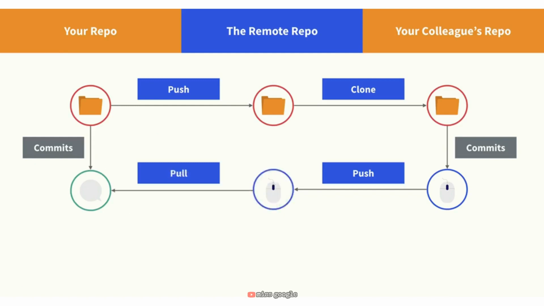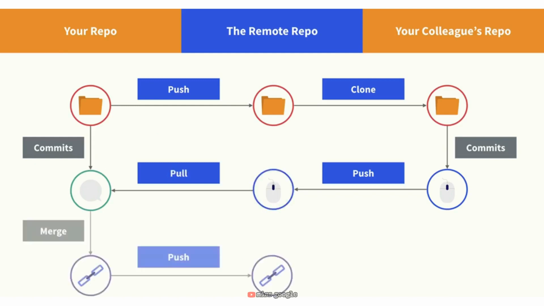So if your colleague wins the race, you will now need to pull, probably do a manual merge to create an updated version of the code that includes your changes and their changes, and now you can finally push it. But say your colleague is super productive and they've already made some commits and pushed before you finished merging, you will once again be blocked. So this is a very tricky way of approaching this. You could take turns, but that is not particularly effective.